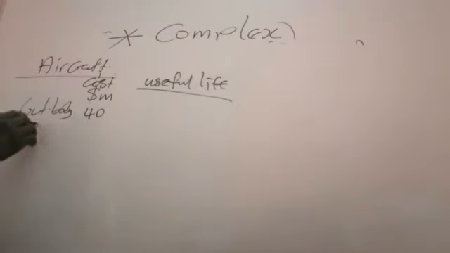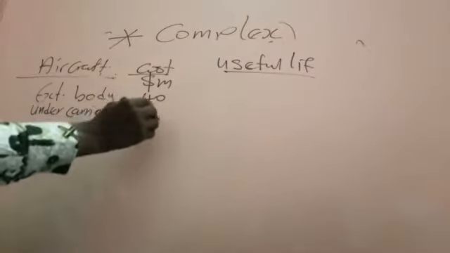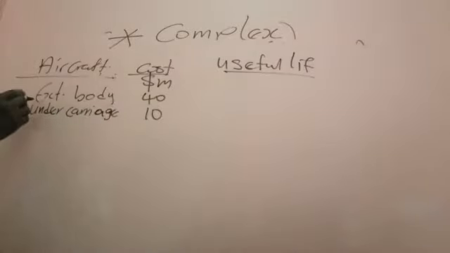So the undercarriage, let us say, is 10 million. For the entire body, we call it what? Fuselage. Good. So that's the name for it. The fuselage, that's the body.